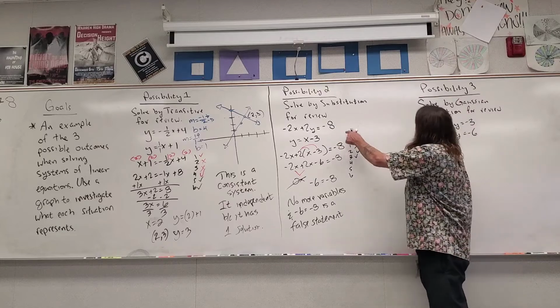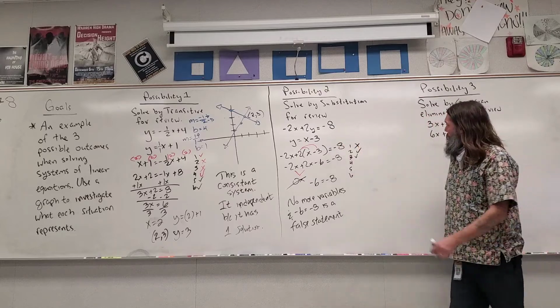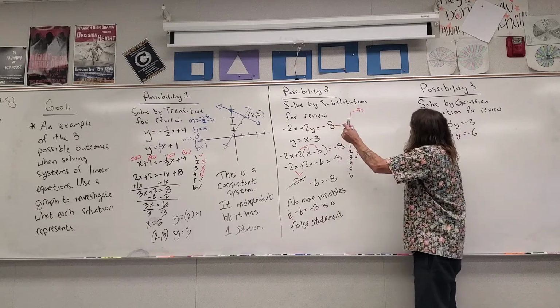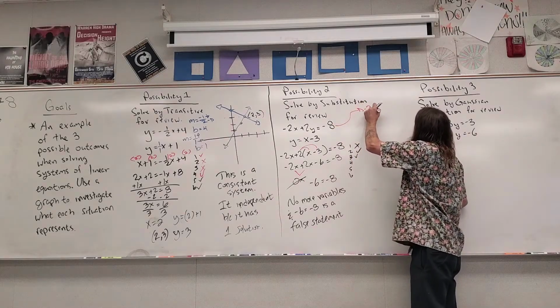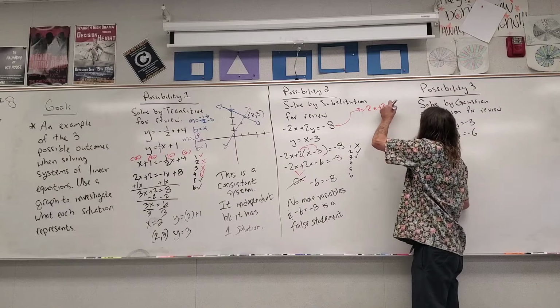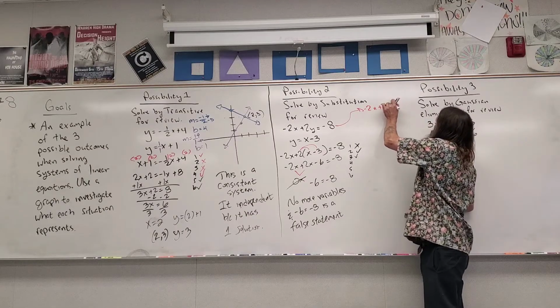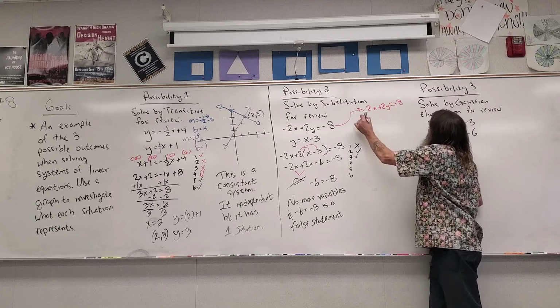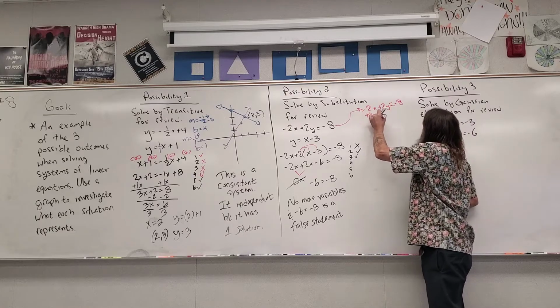I do need to rewrite this equation in slope-intercept form, so let me do that over here. So I need to get y by itself. So minus 2x plus 2y equals minus 8. I add 2x to both sides.